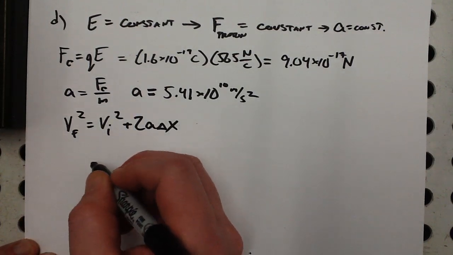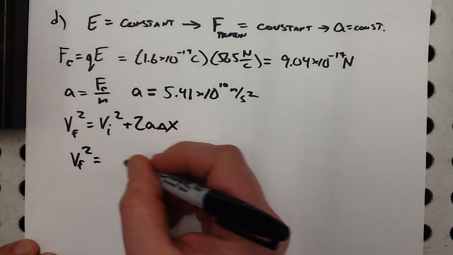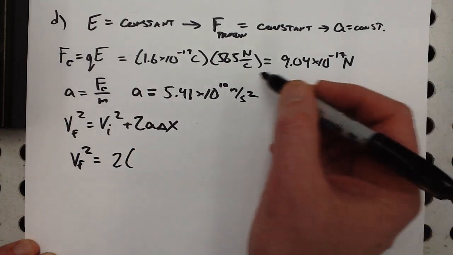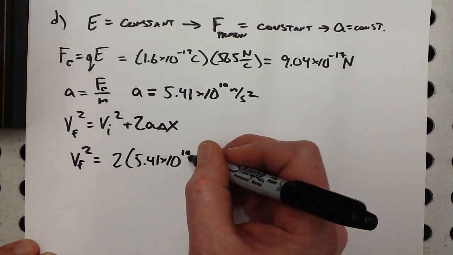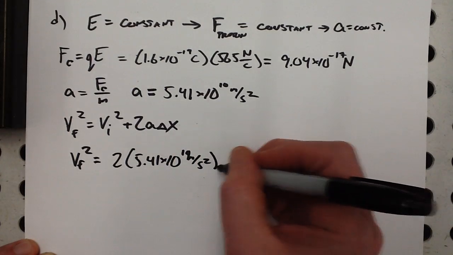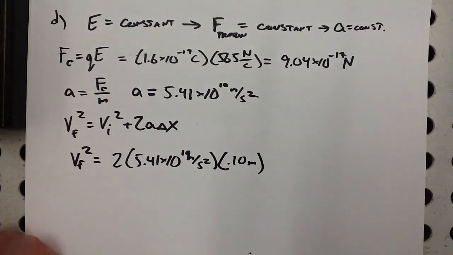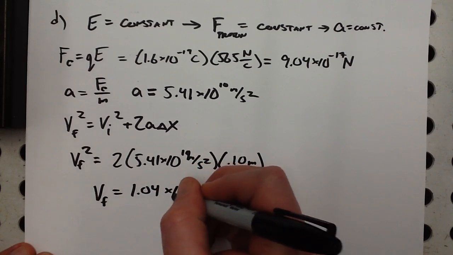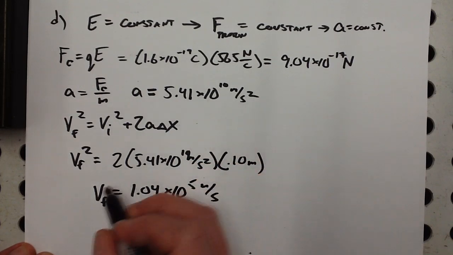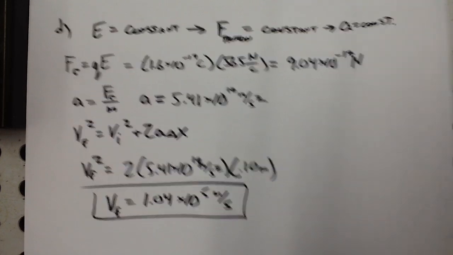So my final velocity squared, this is 0, my initial velocity, plus 2 times the acceleration that we found here, times the displacement that proton's moving through. And if we solve for vf there, we get 1.04 times 10 to the 5th meters per second. Good news. All right, so that's how you do it the kinematics way.